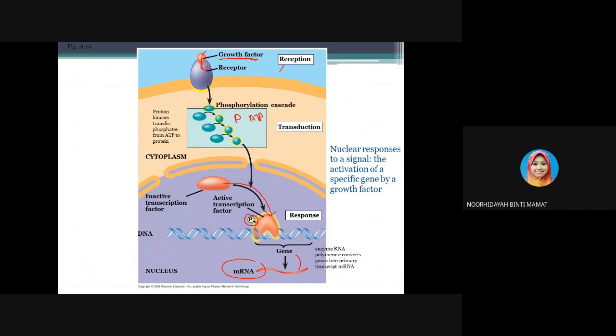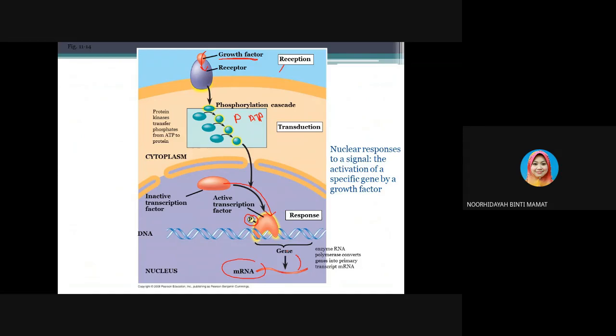So the mRNA is created during the process of transcription. This is the nuclear response to a signal, which is the activation of a specific gene by a growth factor.